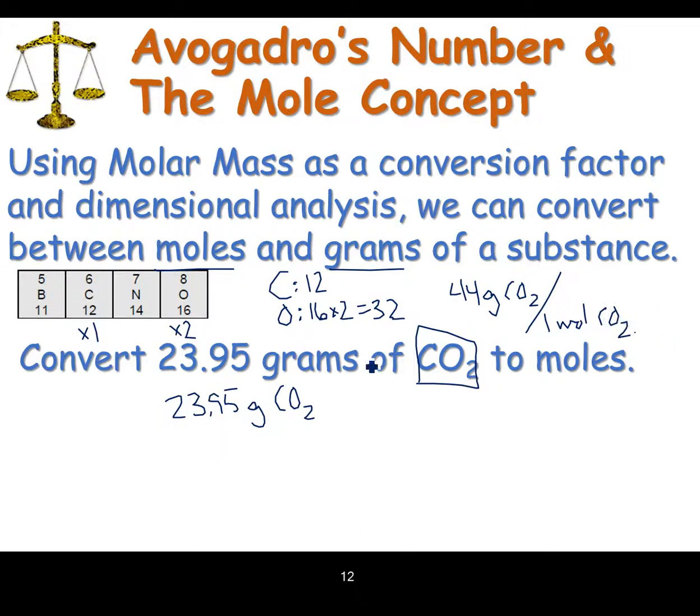To solve this, we're using dimensional analysis, 23.95 grams of carbon dioxide. We're going to cancel grams of carbon dioxide and find moles of carbon dioxide. Our coefficients here, remember, it's 44 grams to 1 mole.